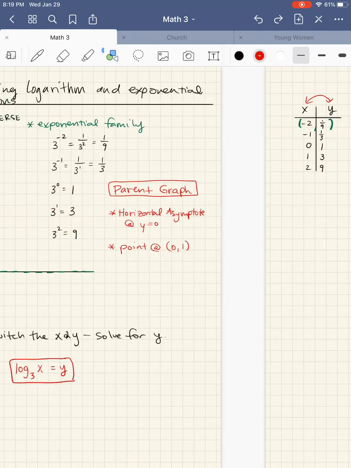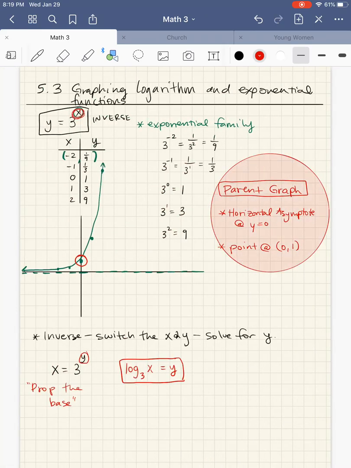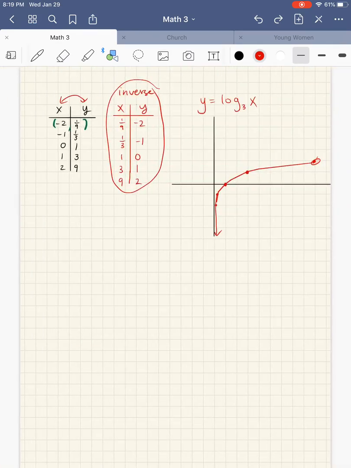So what are some of those parent graph features that this graph has? If you notice, this time there's a vertical asymptote at x equals 0.